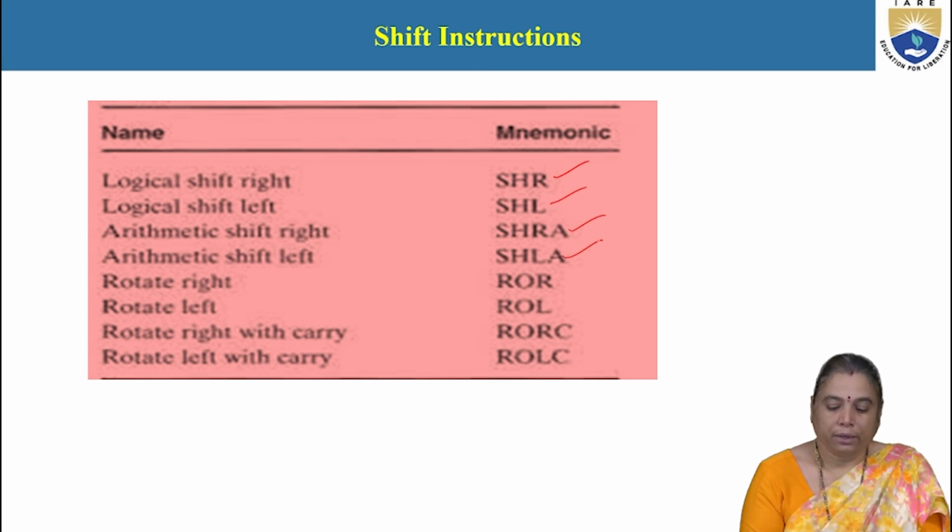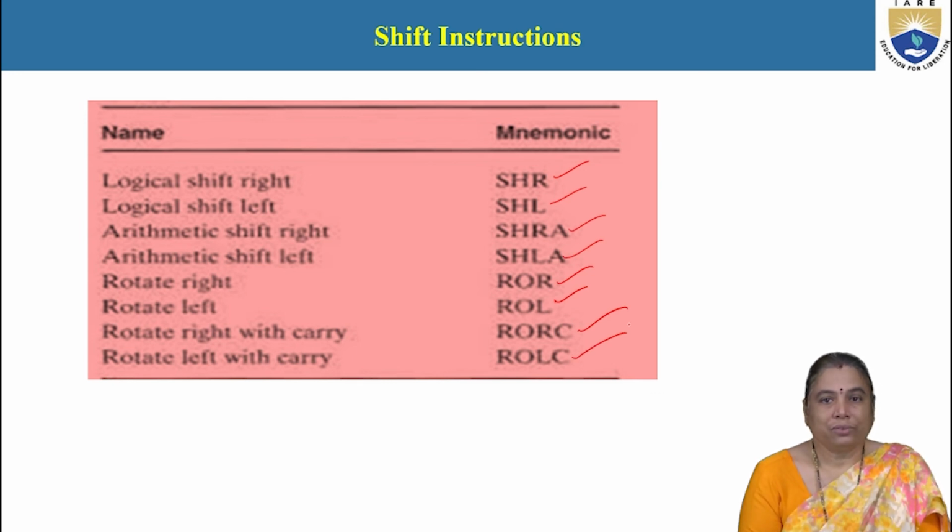Rotate right is specified with ROR. Rotate left is specified with ROL. The rotation operation can be performed with a carry: rotate right with carry, RORC, and rotate left with carry, ROLC. So these are the shift instructions and their mnemonics.